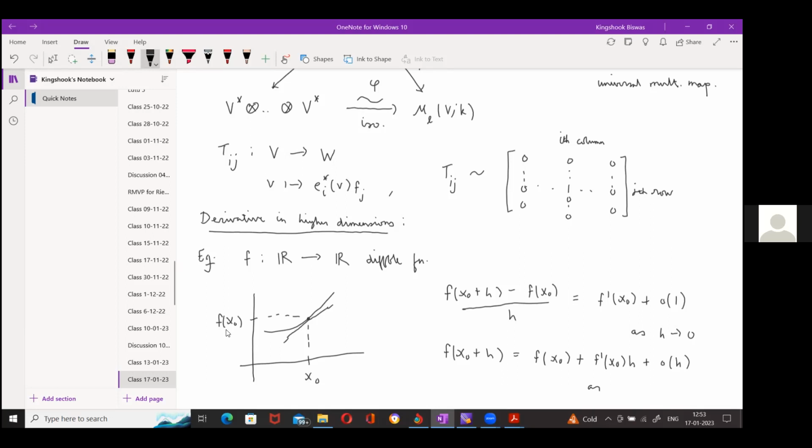As h tends to 0. Okay, so these two are equivalent, right? Yes, this above equation and the below equation, these two are equivalent, right?